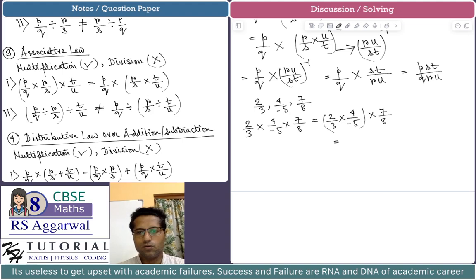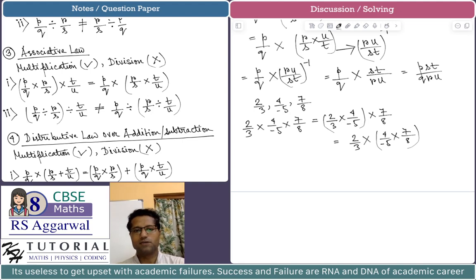This will also be equal to, if I multiply first the second and the third rational number, and then whatever the result will be, if I multiply that with the first rational number, these two will be equal. So this is the associative law.